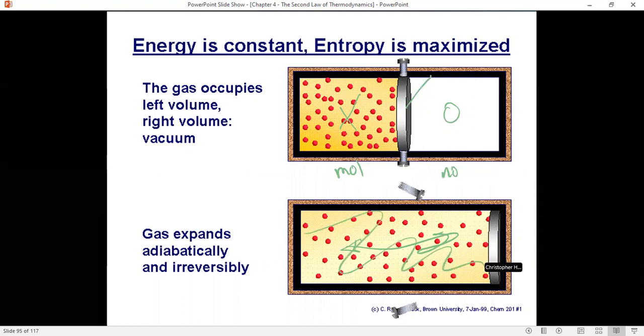Again, this gas has expanded irreversibly because I can't just simply move this piston back where it was. I would have to do work on the gas and recompress it. Okay, that would take energy from the outside. That would indicate entropy increasing on the outside.